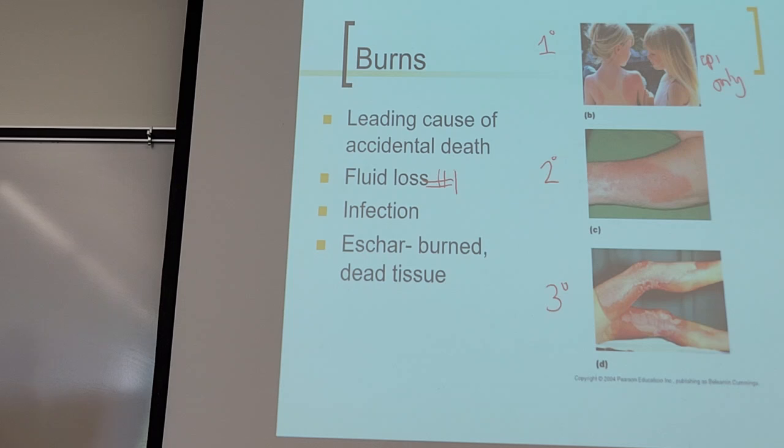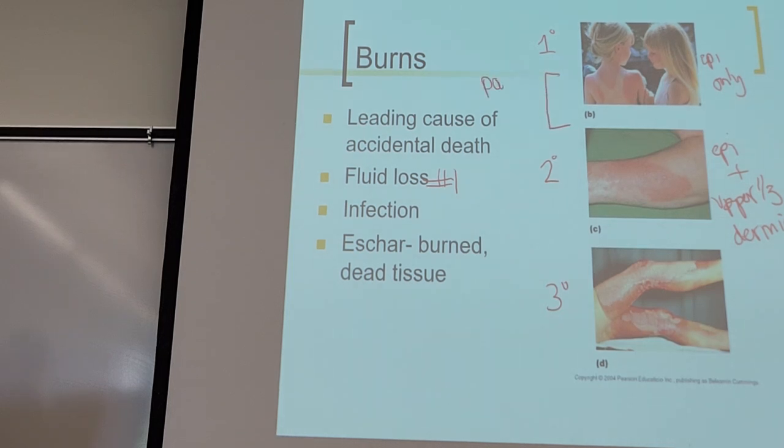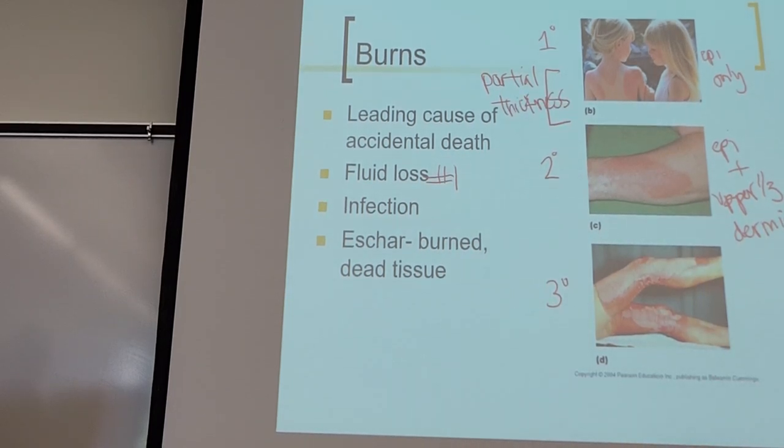A second degree burn is where you've got all of the epidermis and the upper third of the dermis. This is a little bit more intense, and you probably get some blistering. Both of these conditions are called partial thickness burns, because you're only partially going through the top two layers.